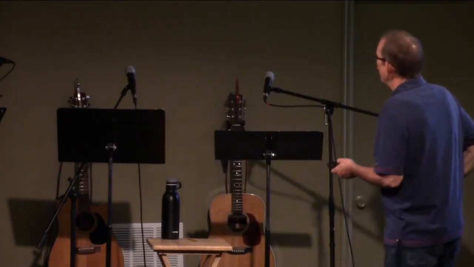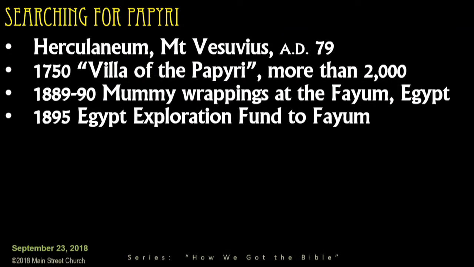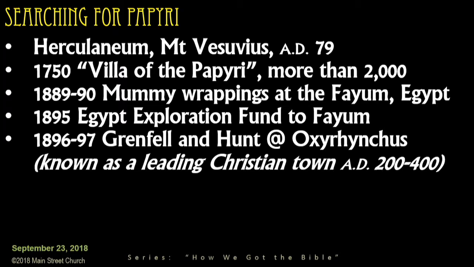And when they went there, they found them on different kind of mummies and other stuff. So that triggered a huge land rush in the late 1800s by archaeologists to go looking for papyrus in Egypt because it probably has survived. So many exploration funds were put together to look more in Fayum and to dig in the sand. And these guys, Grenfell and Hunt, who are actually very famous, they went down there. I think they came from Oxford. Grenfell and Hunt went down.